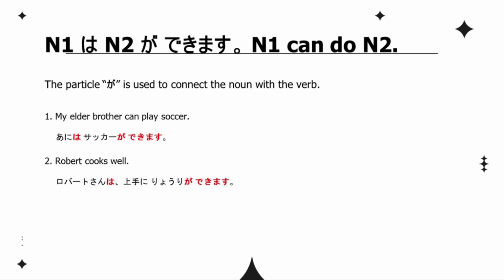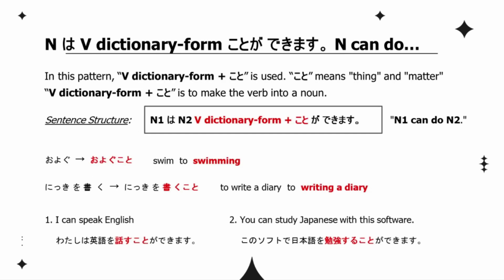En wa dictionary form koto ga dekimasu. En can do. In this pattern, V dictionary form plus koto is used. Koto means thing and matter. V dictionary form plus koto is to make the verb a noun.